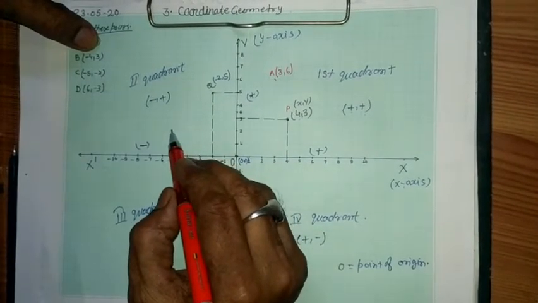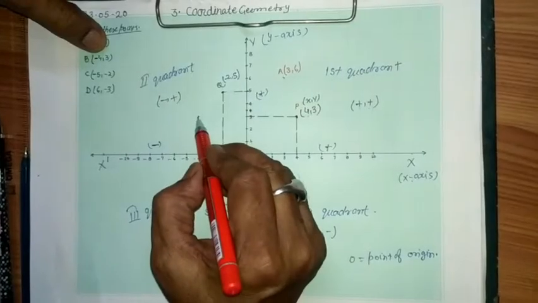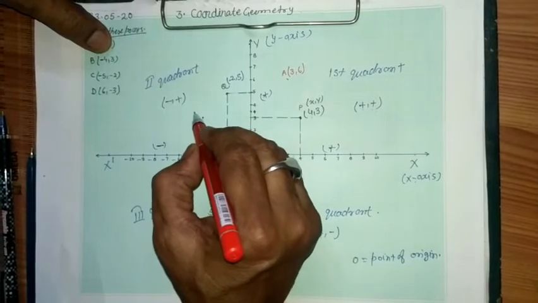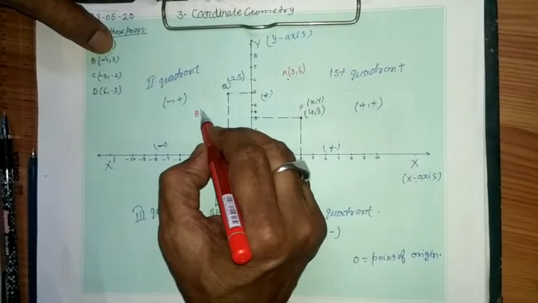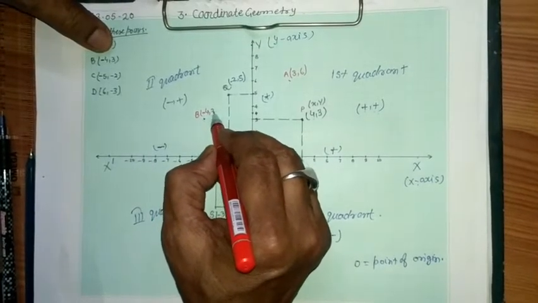That point is B, whose coordinate is (-4, 3).